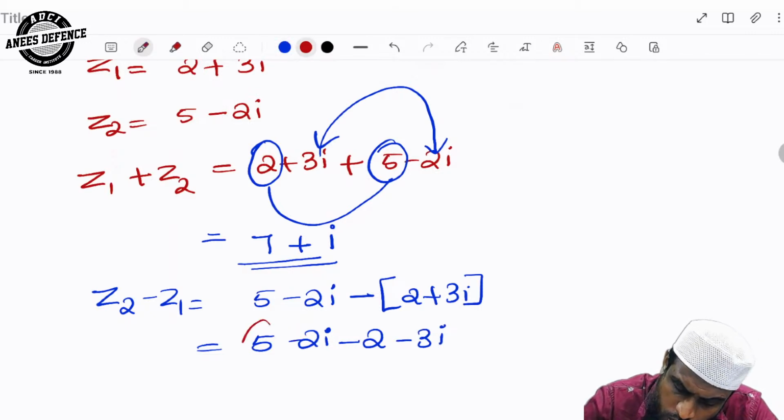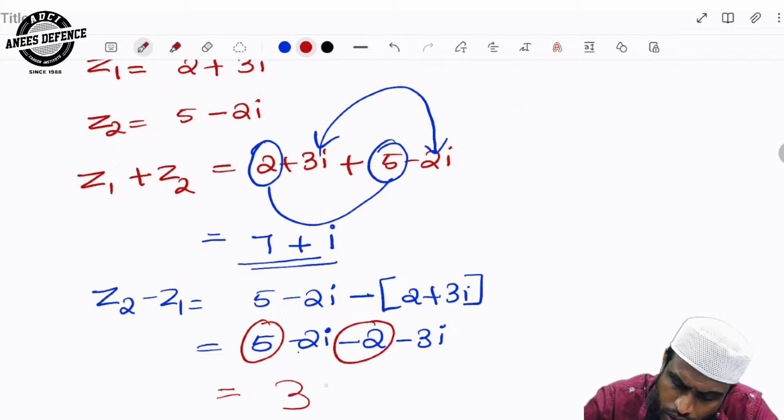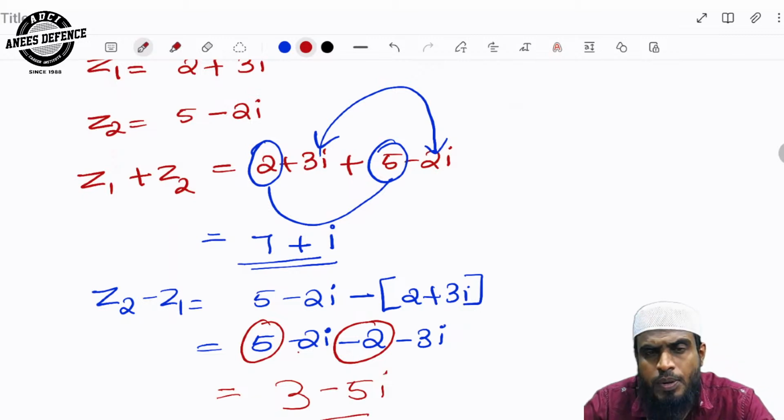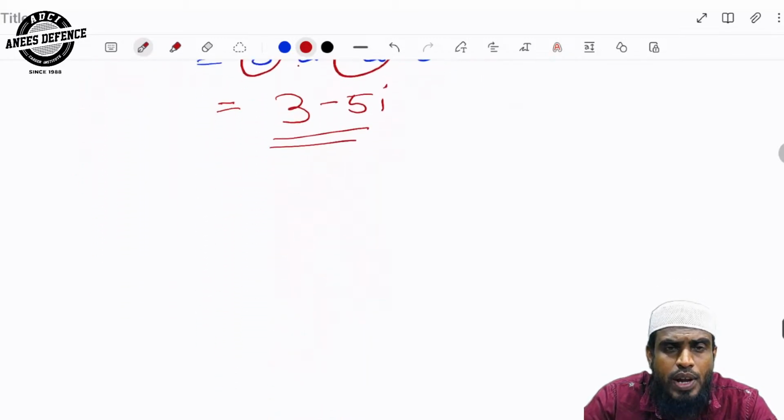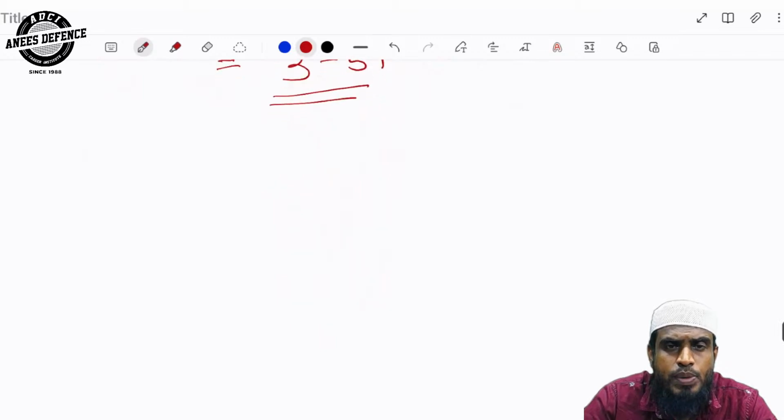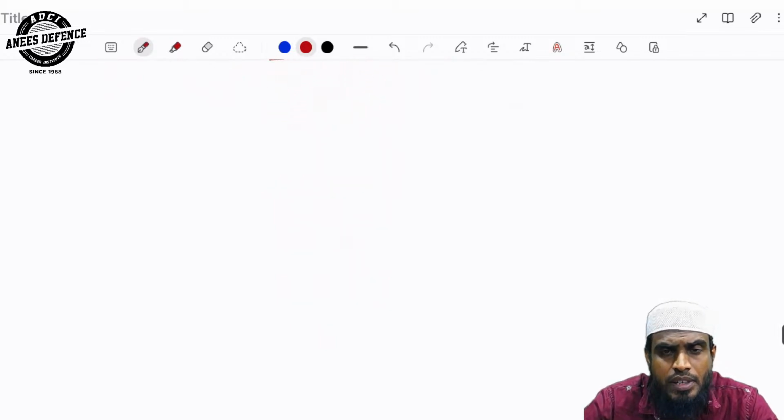Here you combine the real parts: 5 minus 2 is 3. Then minus 2i and minus 3i, total minus 5i. So this will be the answer. When you are adding or subtracting two complex numbers, a real number should be added with a real number, and an imaginary with an imaginary number. That is applicable in the case of subtraction also.